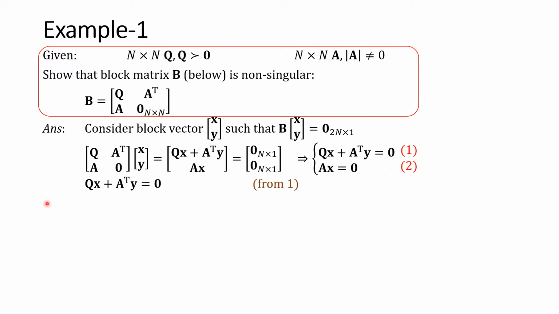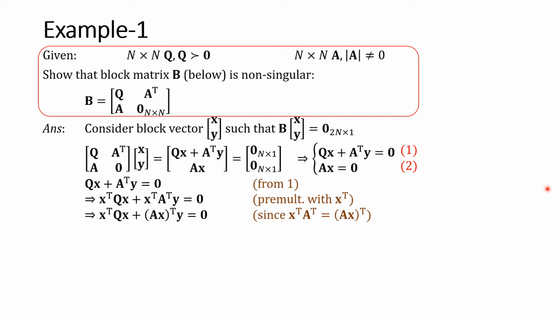Now from 1 we get Qx plus A transpose y equals 0. Pre-multiplying both sides with x transpose, we get this expression here. Whence x transpose Qx plus (Ax) transpose y equals 0.